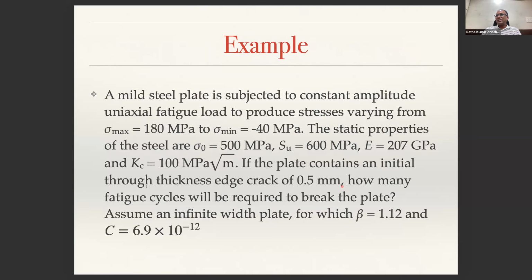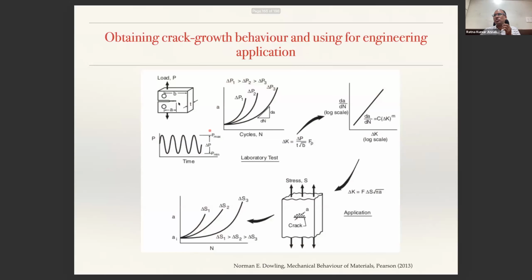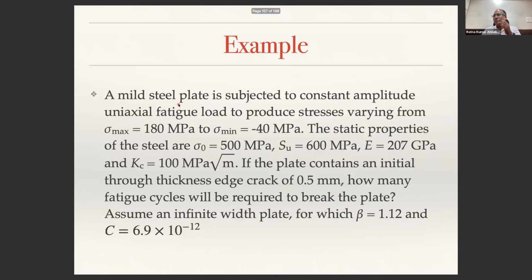If the plate contains an initial through thickness edge crack of 0.5 mm, like what we have seen here, how many fatigue cycles will be required to break the plate? Assume an infinite width plate for which beta equal to 1.12, Paris law C equal to 6.9 times 10 power minus 12. Because it is steel, Paris law constant M can be taken as 3.